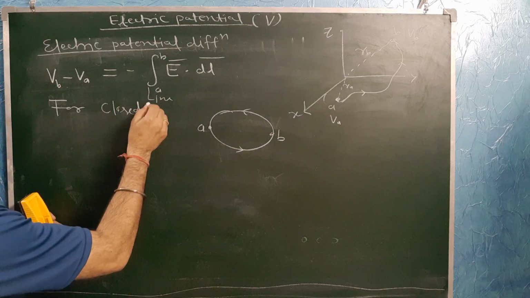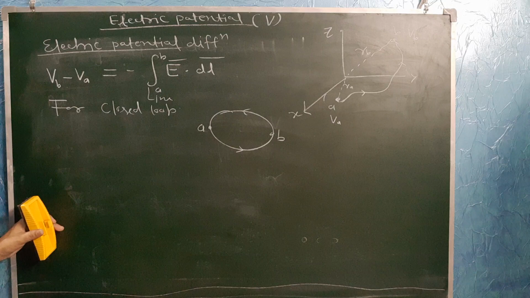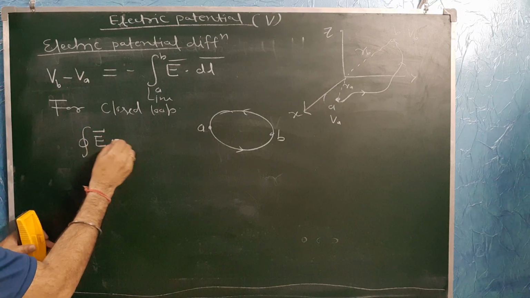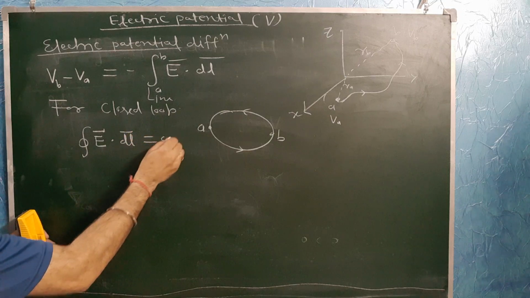For a closed loop, we have the integral of E dot dl equal to 0.